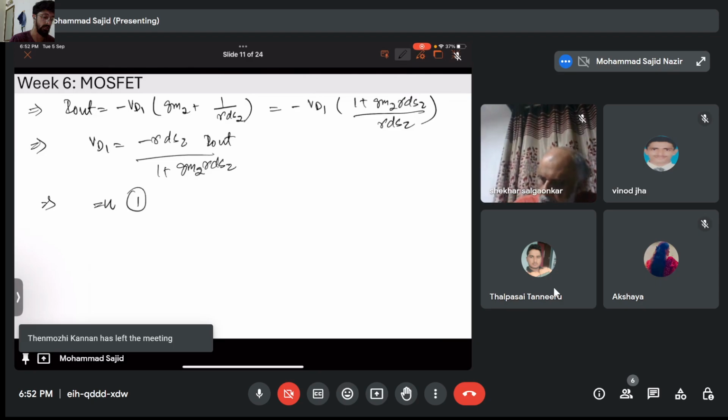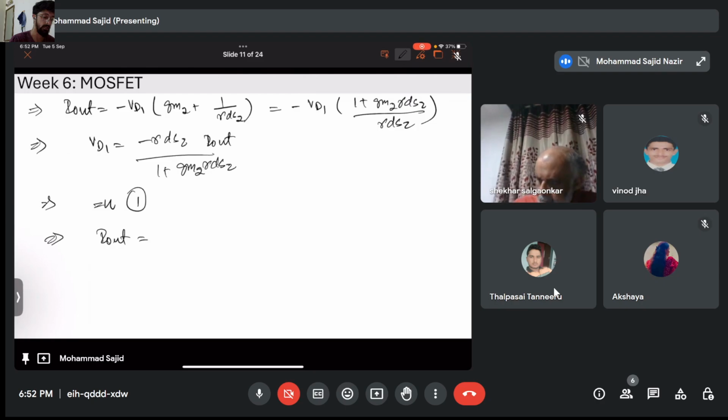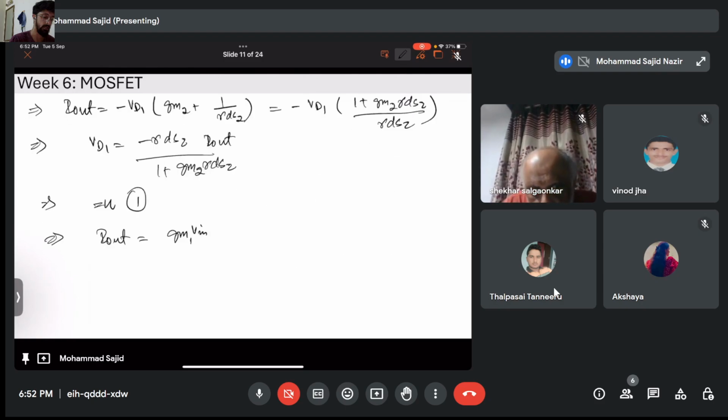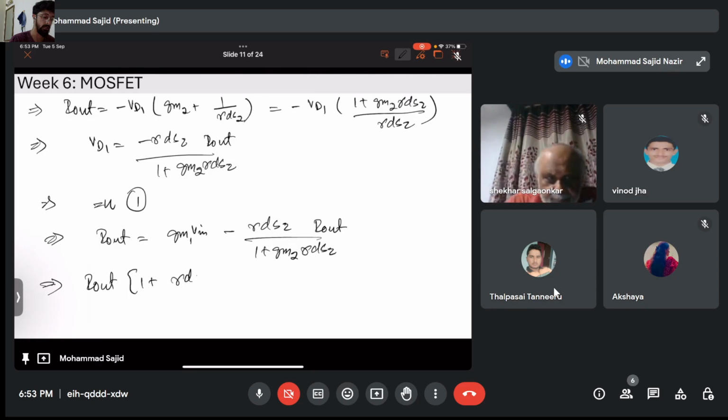We have I output equivalent to GM1 V in plus VD1, that is RDS2 by 1 plus GM2 RDS2 times I out. I will take I out on the left, so it will be 1 plus RDS2 divided by 1 plus GM2 RDS2 equivalent to GM1.